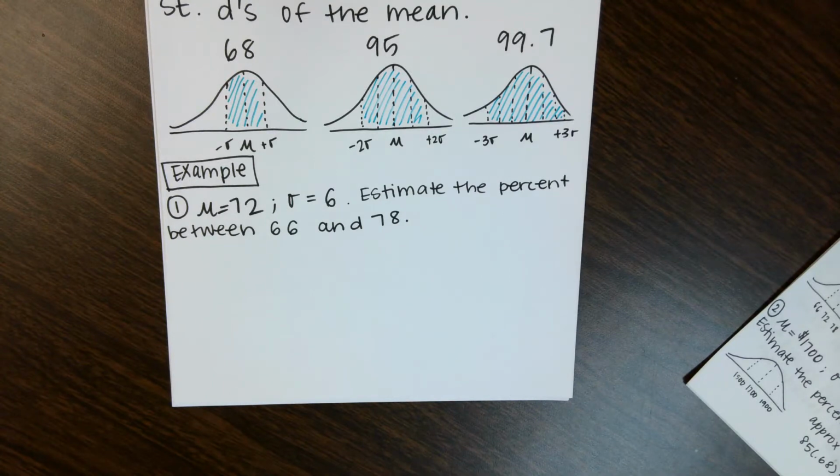So I just throw a little sketch up there so I can see where 66 and 78 fall on a normal curve in relation to 72 being the mean.